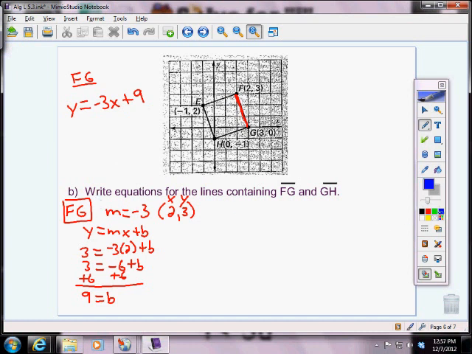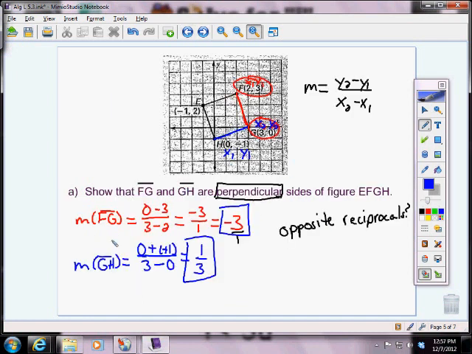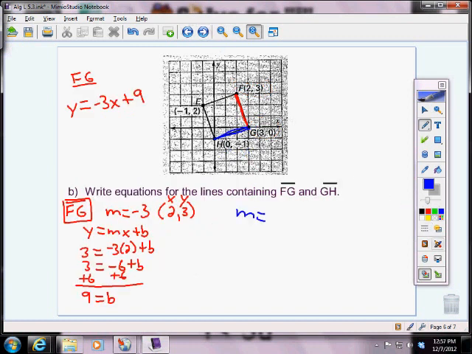Now we can do the same thing here for line segment GH. Our slope for GH, which we've already figured out, is 1/3. Our slope, again, is 1/3.